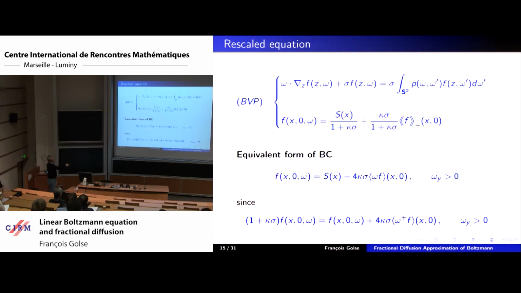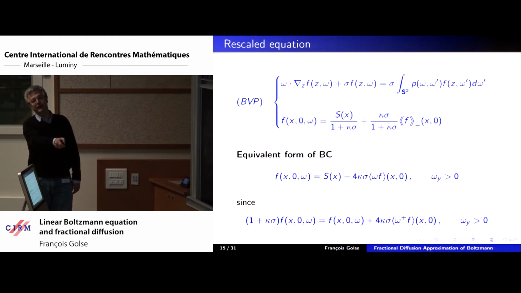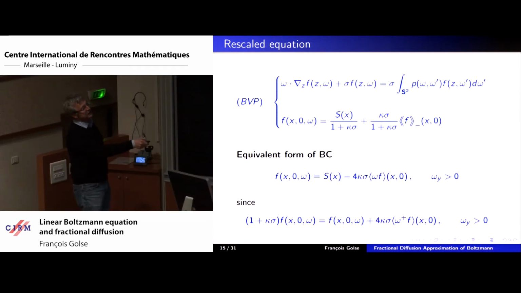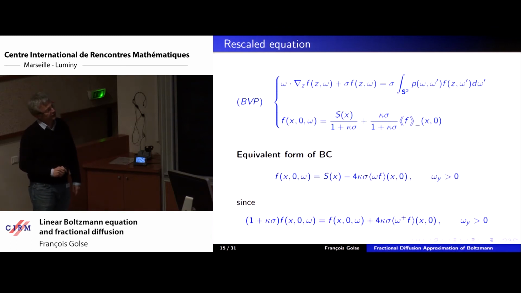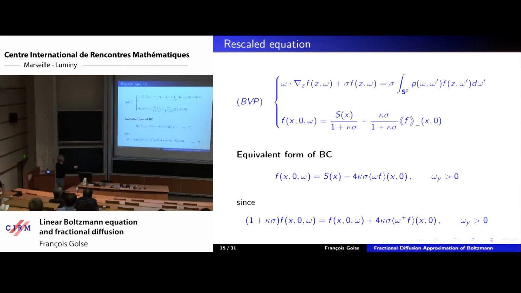You can say that f of x 0 and omega is equal to s of x minus 4 kappa sigma times the total flux of omega f at the position x and 0, for z equals 0. So in other words, instead of having this flux of outgoing particles, you can replace this term here, which has order 1 as sigma tends to infinity, because you have the ratio of kappa sigma to 1 plus kappa sigma.